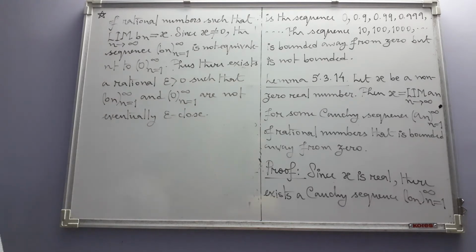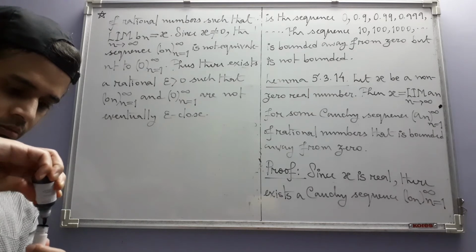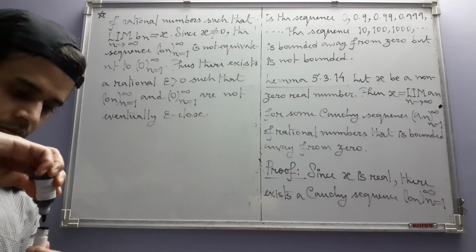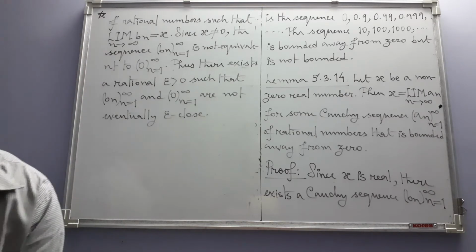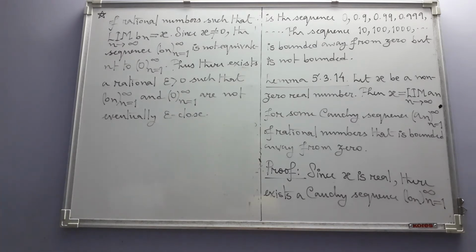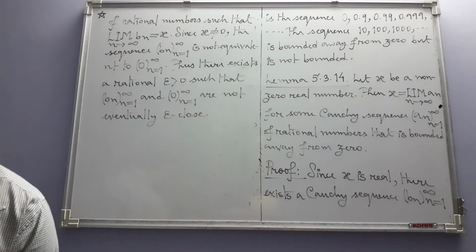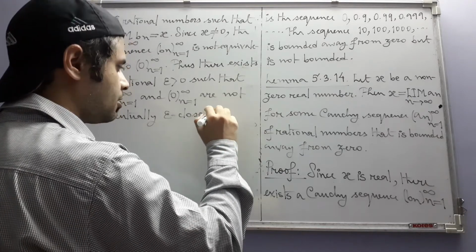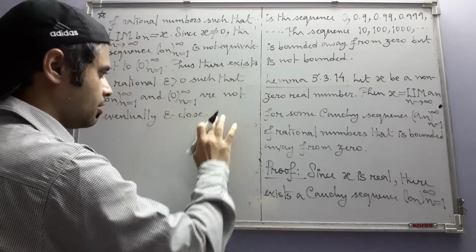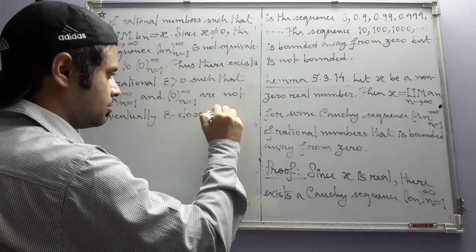So this epsilon is some epsilon, okay, it's not all epsilon, at least one such epsilon is there.